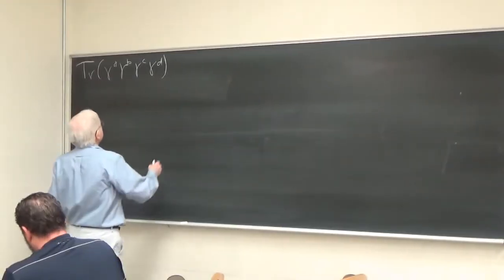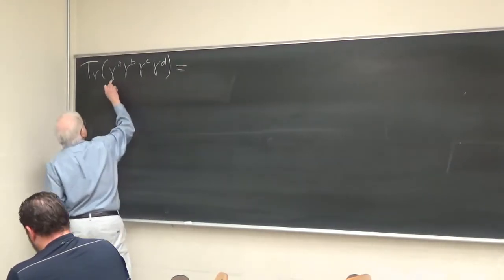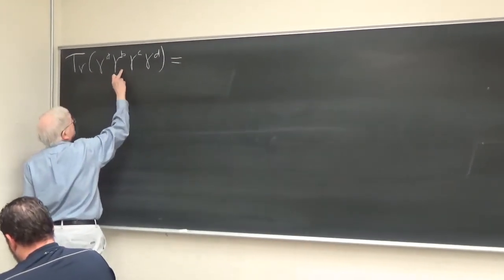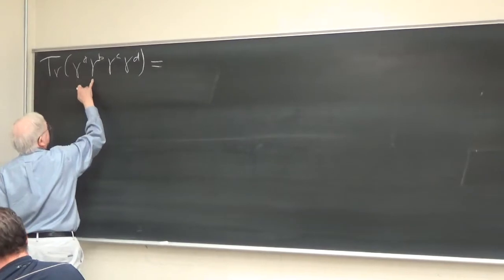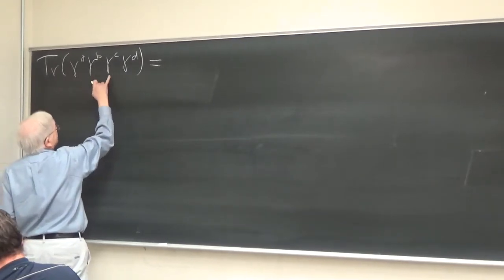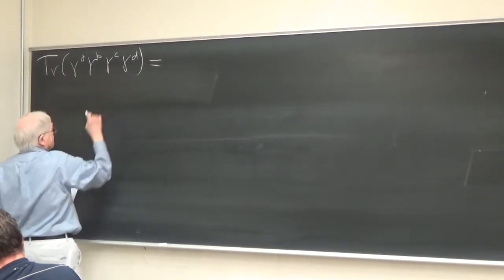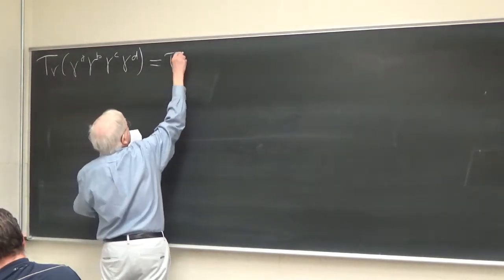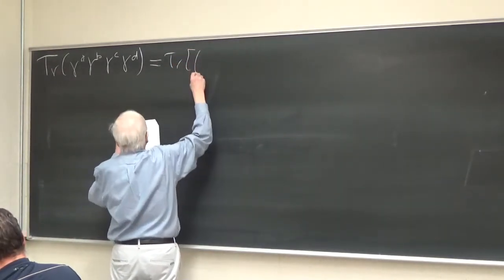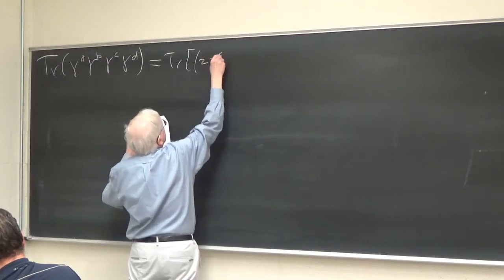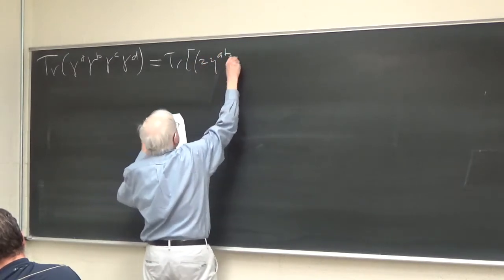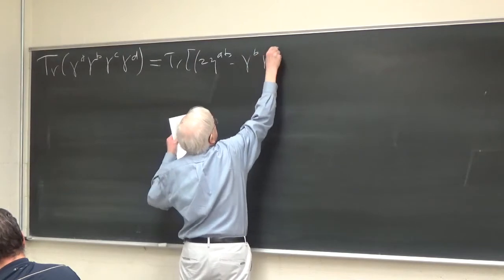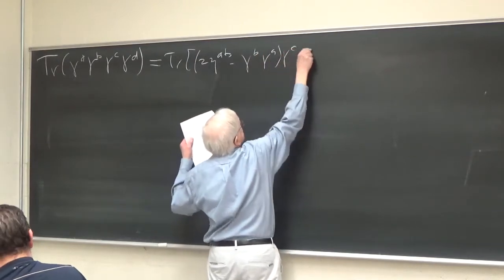All right, so the first thing we do is we're going to start moving gamma A to the right. So we get a term when we cross here, we get a term when we cross there, a term when we cross there. So this is, first of all, trace of 2 eta AB minus gamma B, gamma A, gamma C, gamma D.